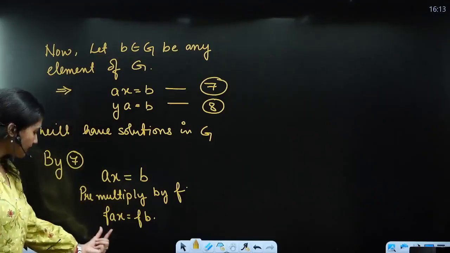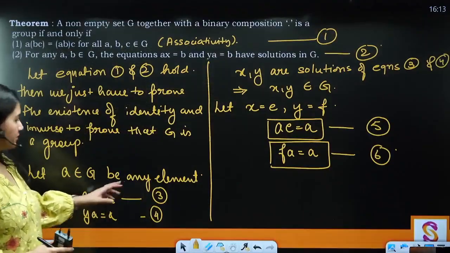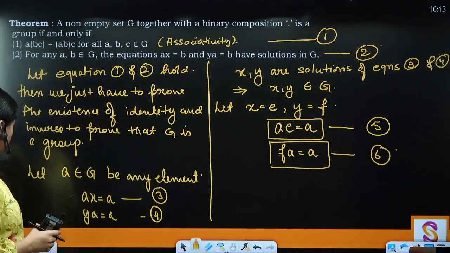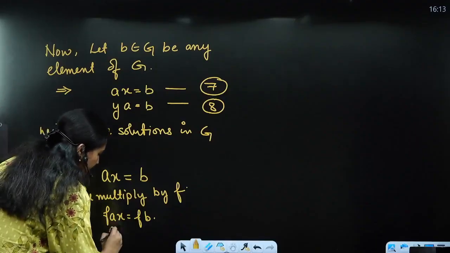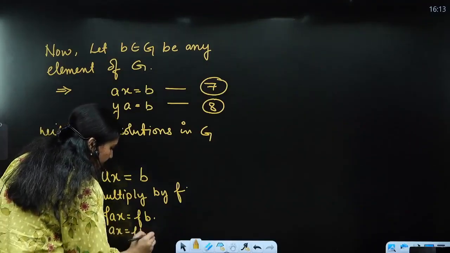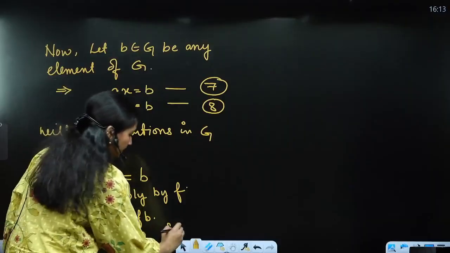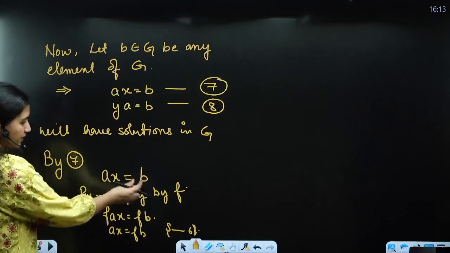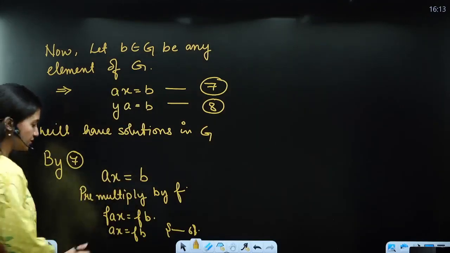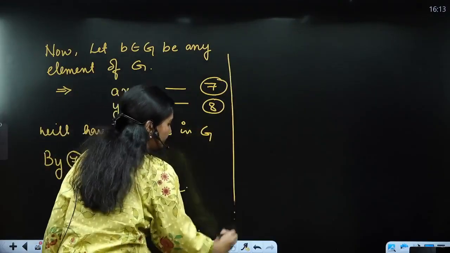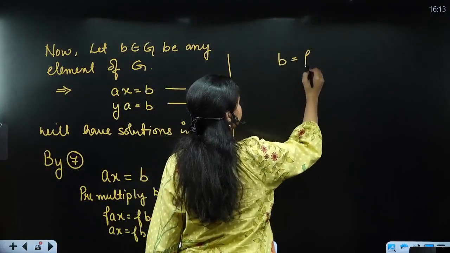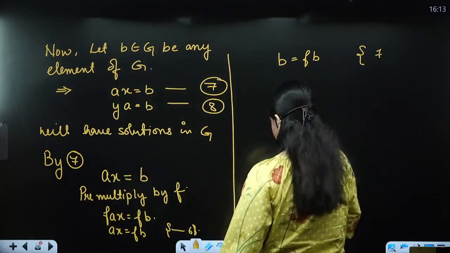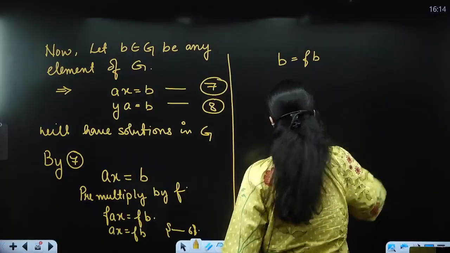Now can I substitute the value of FA from here? FA is going to be what? FA equals A. So this can be written as AX equals FB, right? This I have taken from equation 6. Now AX is equal to B only. So can I write B equals FB? This is from equation 7.